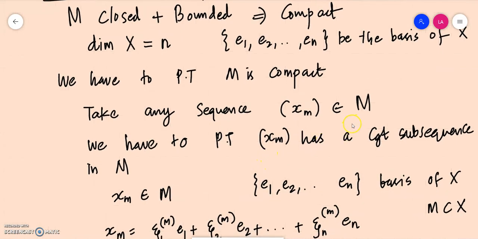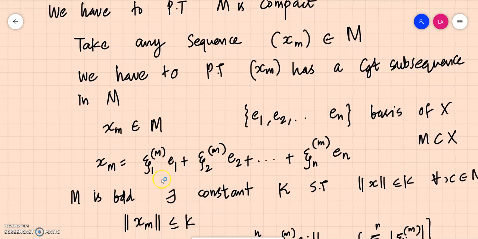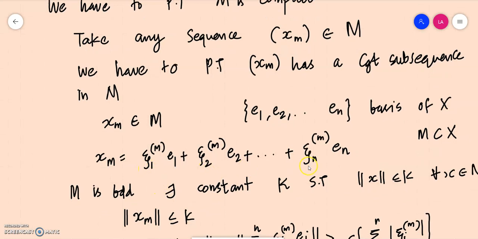So xm is a sequence in M. Since M is a subspace of X, every term in the sequence xm can be written as a linear combination of the elements e1, e2, etc., en. Associated with that, we have n different sequences, theta 1m, theta 2m, etc., theta nm.